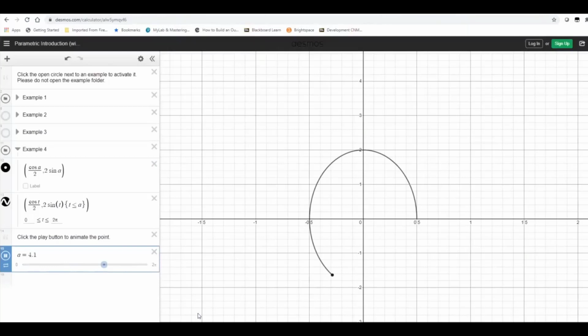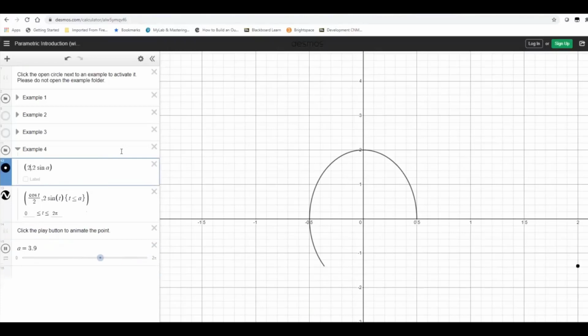Then for example 4, we could do the same thing, just see what direction it's going to go. So let's go ahead and do that. For this one, x equals 2 plus sine t. So let's change this to 2 plus sine a. And the second one, we'll change it to 1 plus 3 cosine a.